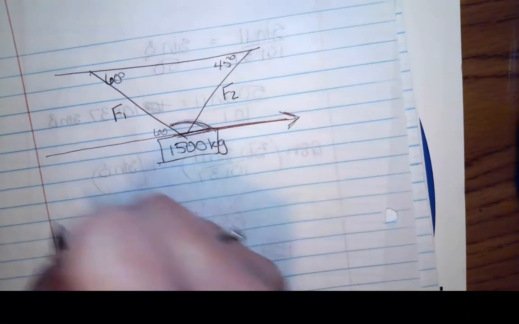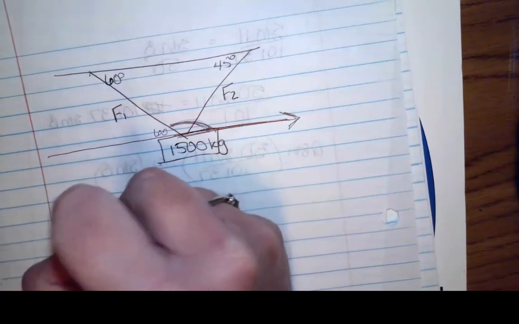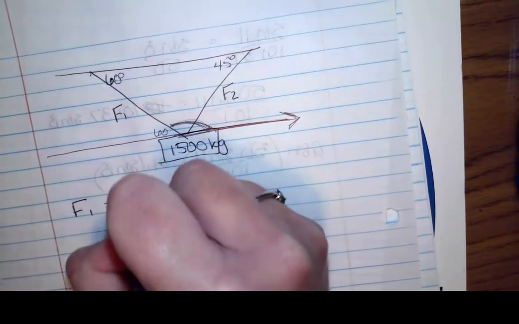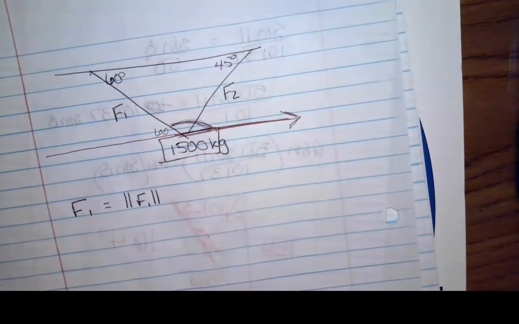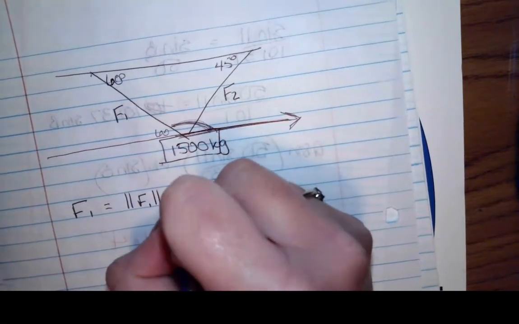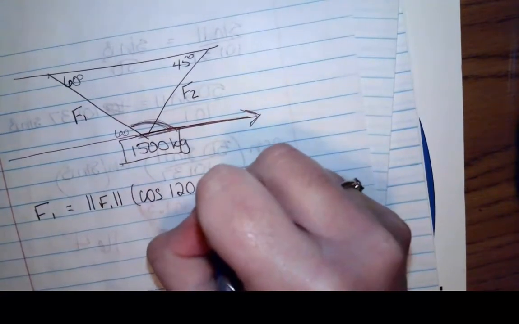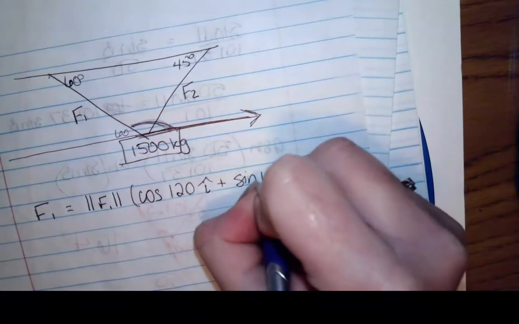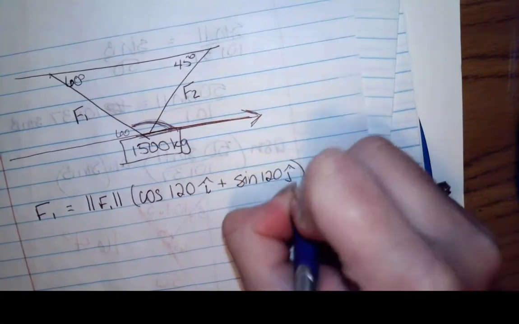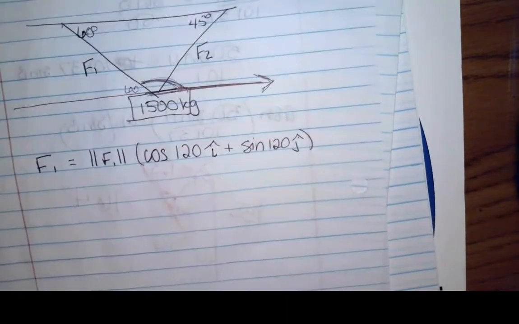For force 1, it is the magnitude of force 1 times the cosine of 120 on I plus the sine of 120 on J. That represents force 1.